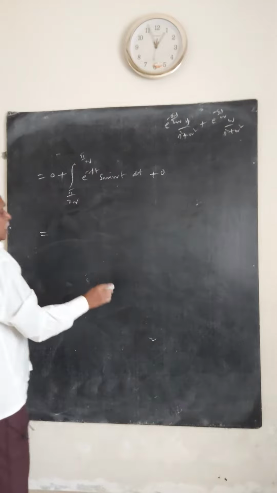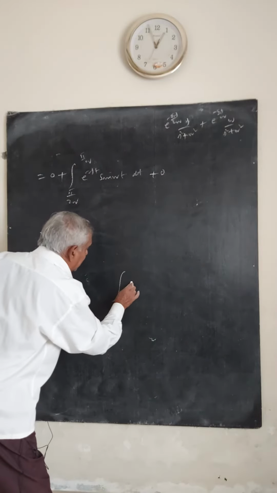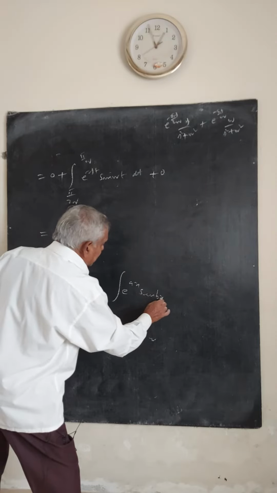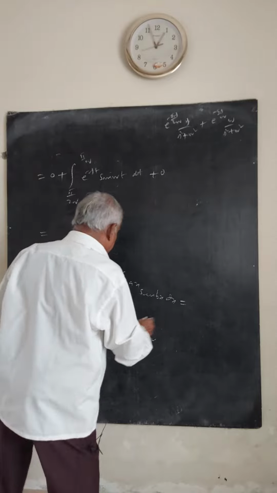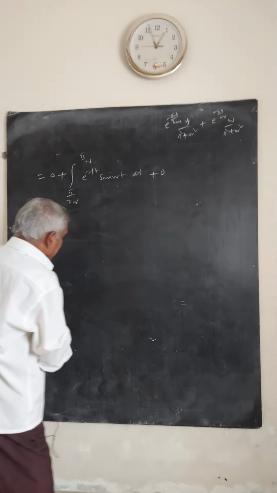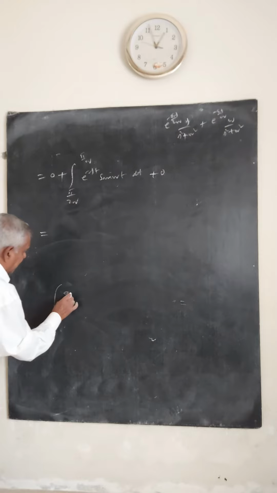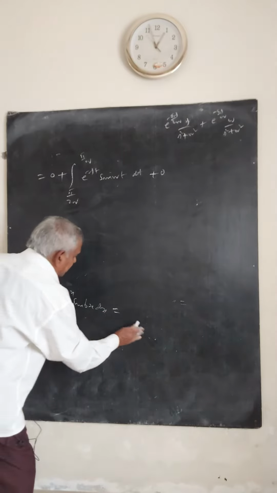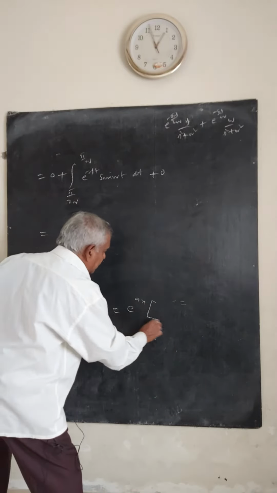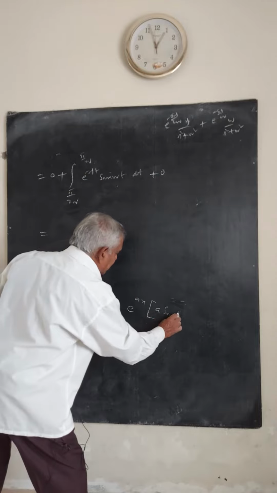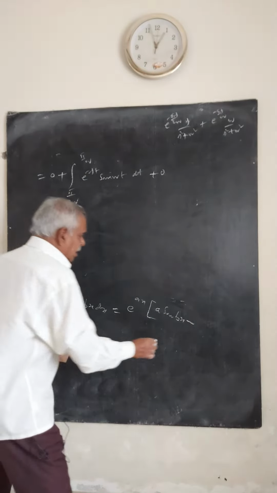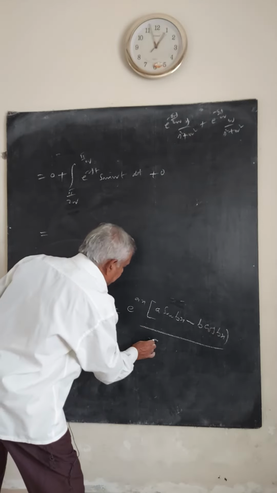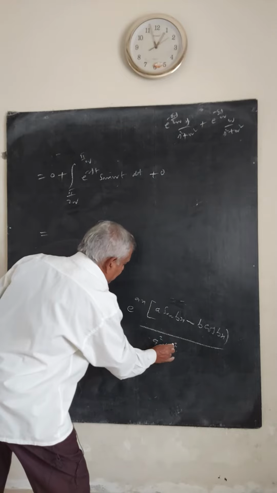Integrating. We are going to use this formula: the integration of e power ax sin bx dx equals e power ax times (a sin bx minus b cos bx) divided by a square plus b square.